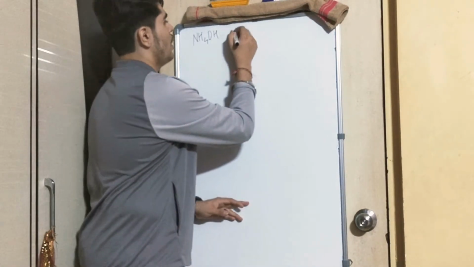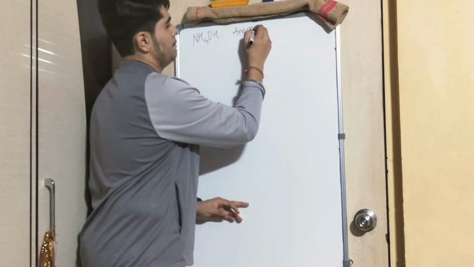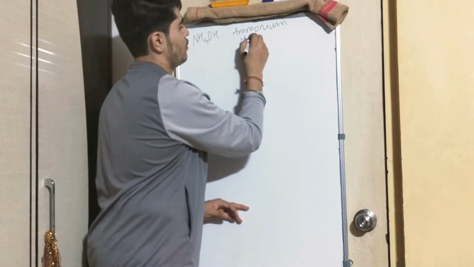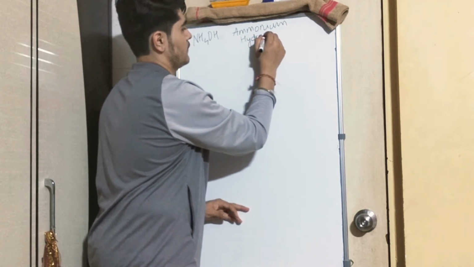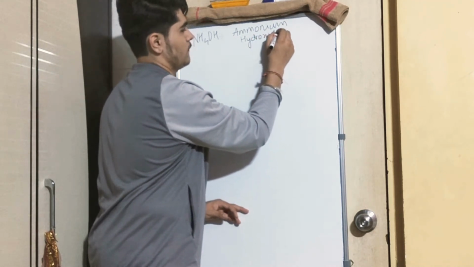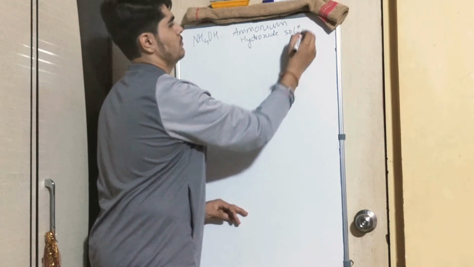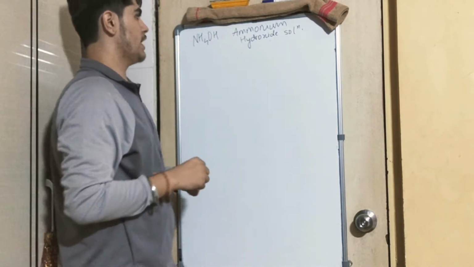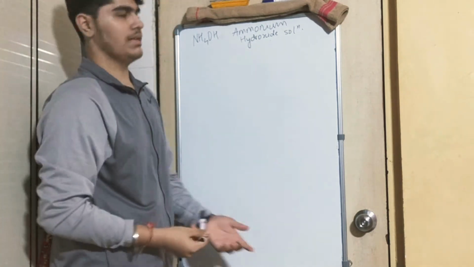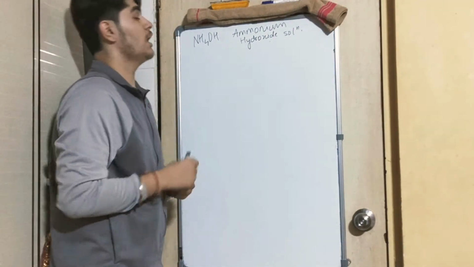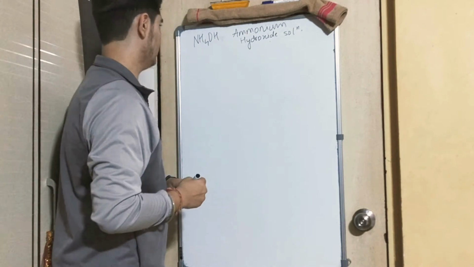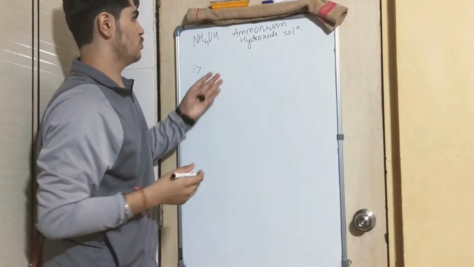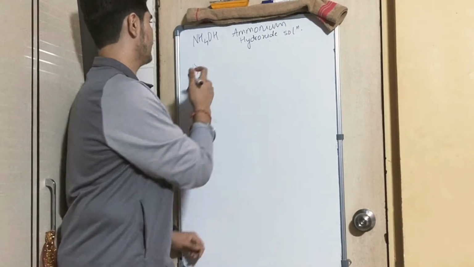Yes, it's ammonium hydroxide solution. So we have to react all those 7 ions with ammonium hydroxide solution. So this is a different thing. So please stay in the video.